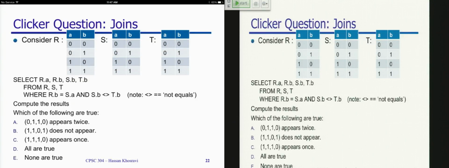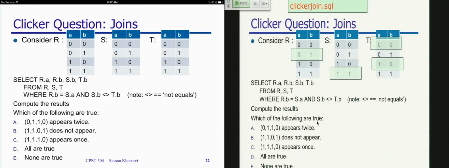Now let's see how many different ways we can get 0, 1, 1, 0. So we need 0, 1 from R because the first two are coming from R. Then we want that to be the same as the value coming from S. So 1, 1 or 1, 0 could potentially work.